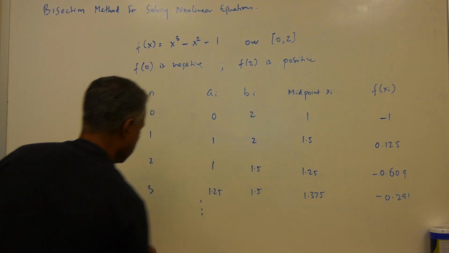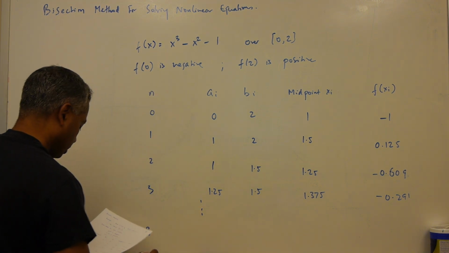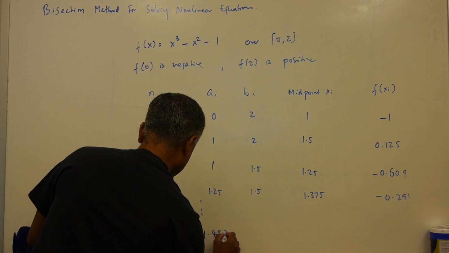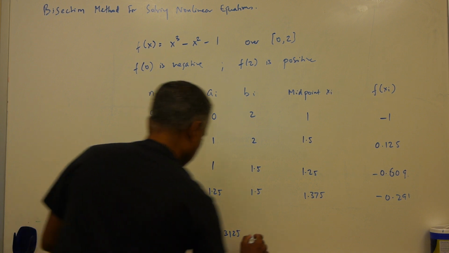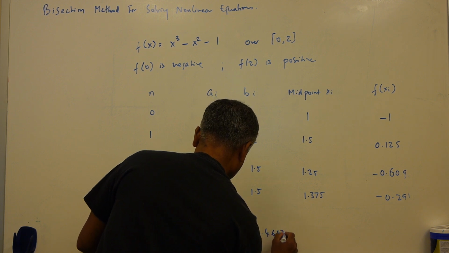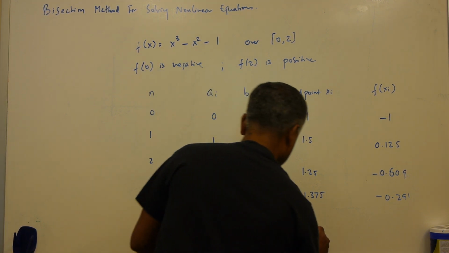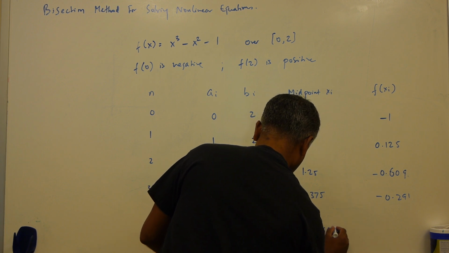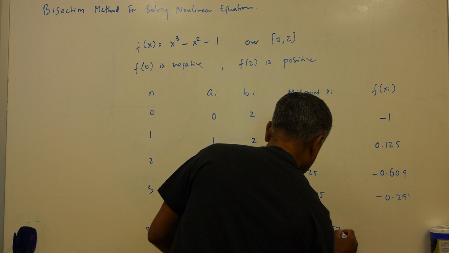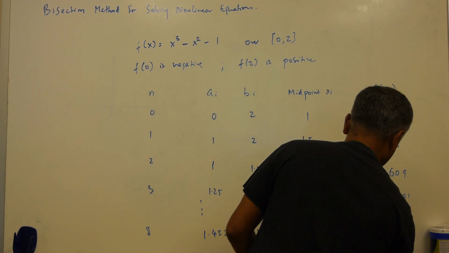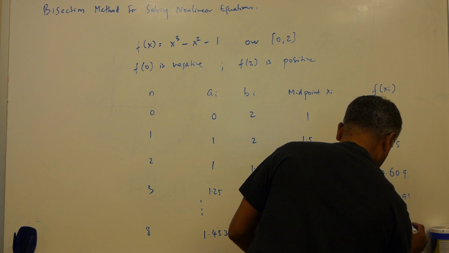By the time you're at step 8, your interval looks like 1.453125, 1.46875, and the midpoint is 1.460935, and the function value is minus 0.016.